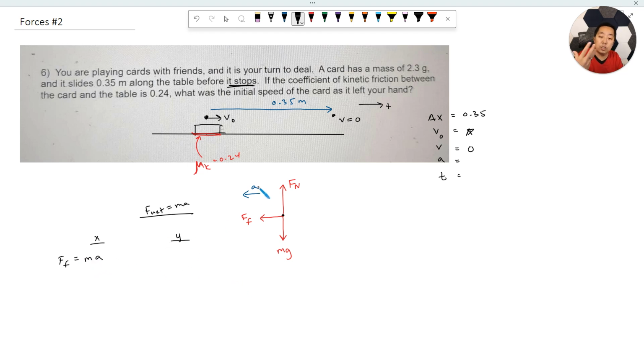In the y direction, with up as positive, the net force is Fn minus mg, which equals ma. The card is not accelerating vertically, since the acceleration only points left, so that is 0. That means Fn minus mg equals 0, or Fn equals mg.